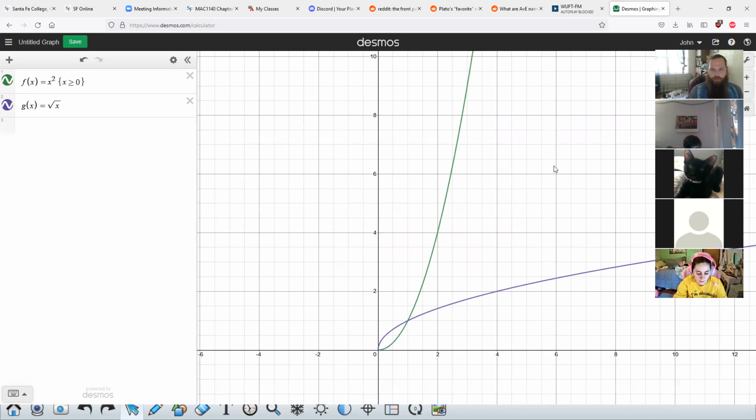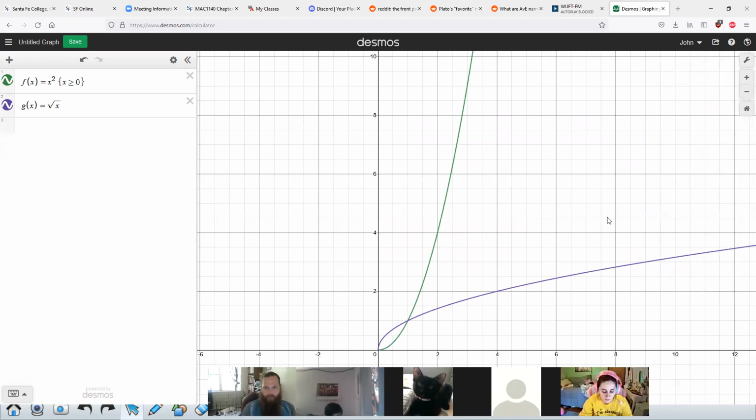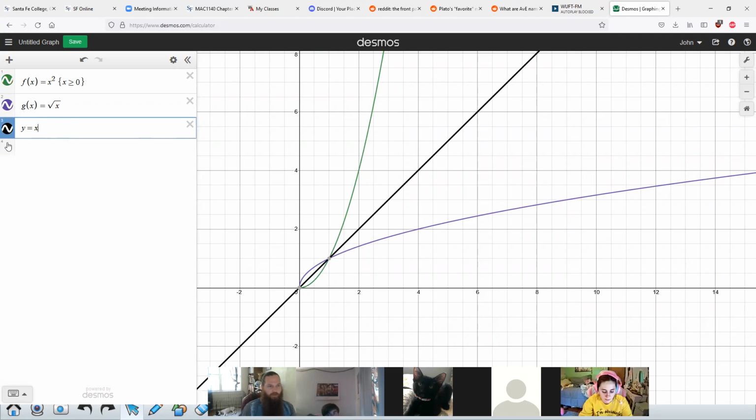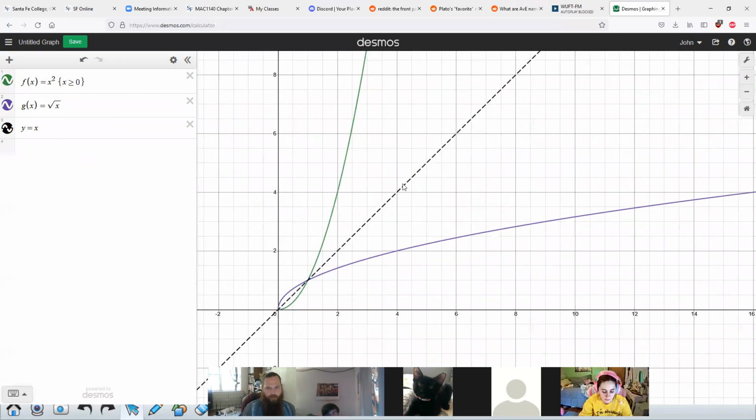And you'll notice some symmetry to the graph, right? The inverse here and the original here are symmetric about the line y equals x. I'll make him dotted. See that symmetry? If I take the green and I fold it over the black dotted line, I get the purple.